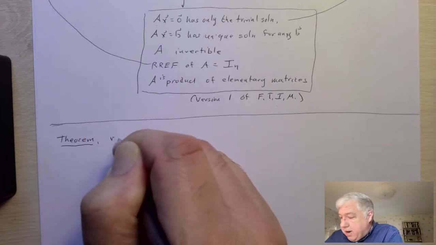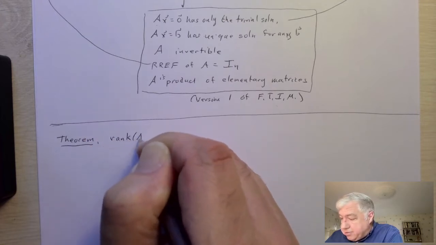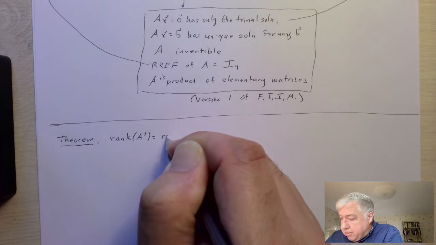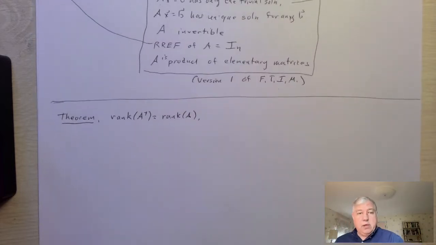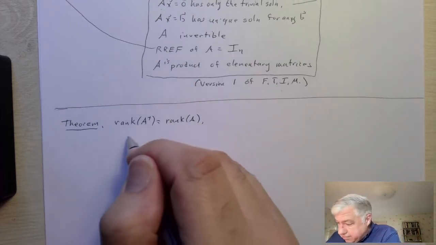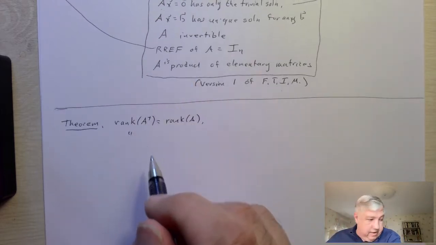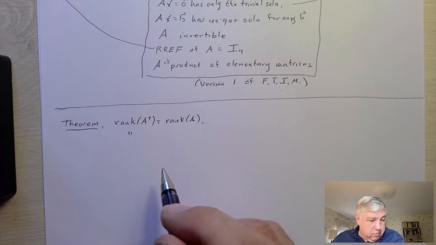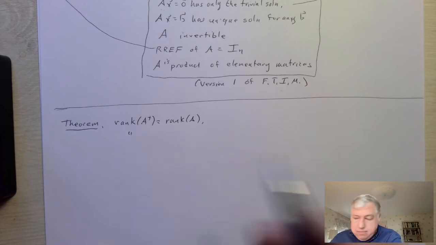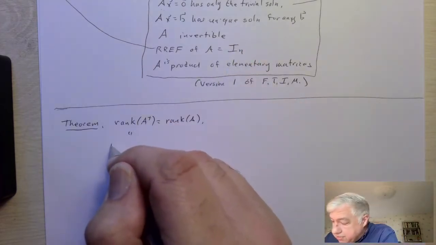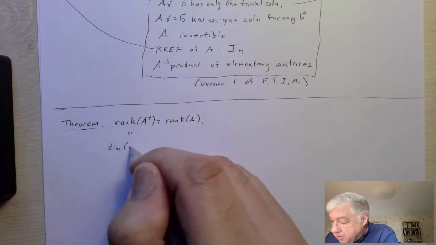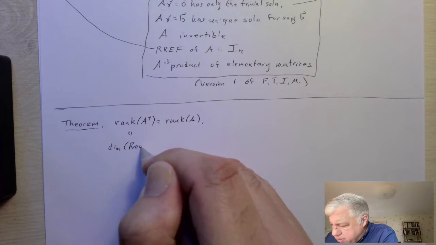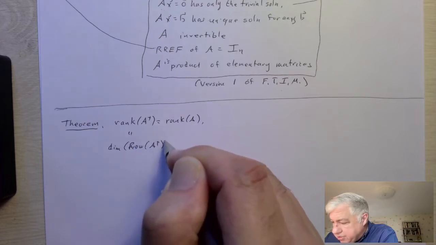And that says the rank of A transpose is equal to the rank of A. A reason for that is because the rank of A is equal to the dimension of the row space of A transpose.